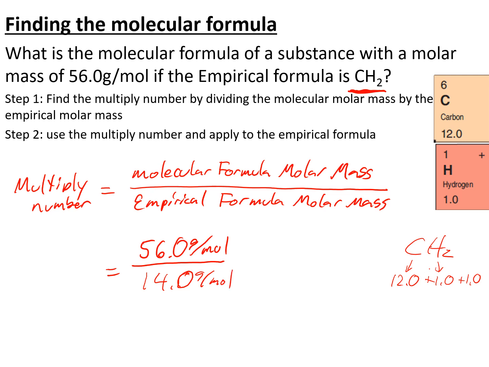Now when you do this calculation, you should make sure that you get a whole number. Okay, so our multiply number is 4. Now it could come out to like 3.99 or 3.98, but it should be very, very close to a whole number.